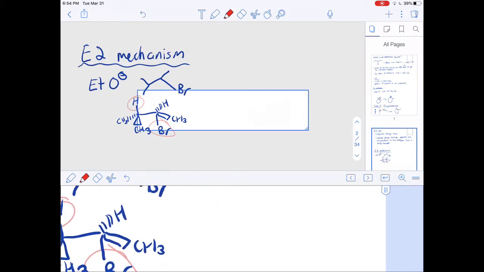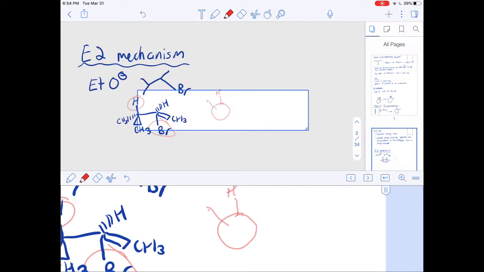And if you draw the Newman for that, the H would be up in the back, CH3 over here, CH3 over here. Let me draw it properly, actually. If we're looking at it, I'm going to do it this way.